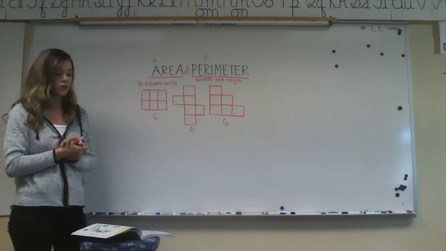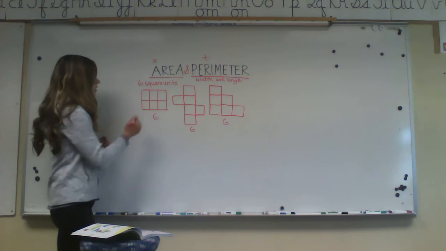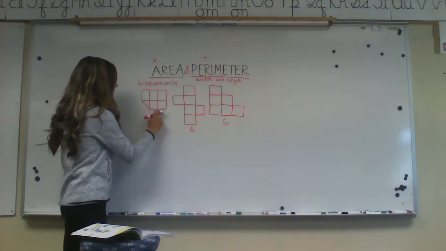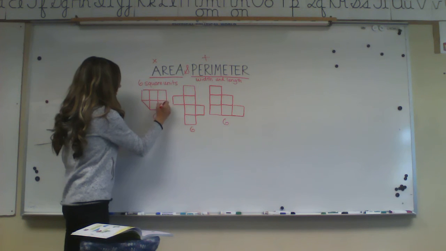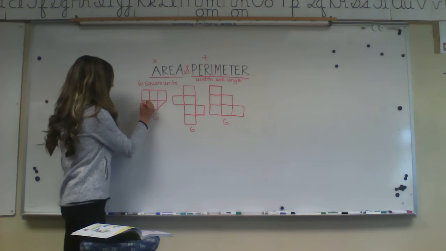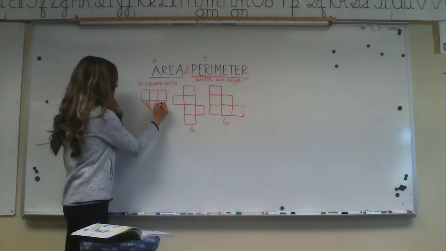If you were looking at a figure that had a really odd shape, say it looked like this, and then it had this piece. Well, this is a half of a square unit, and this is a half of a square unit.